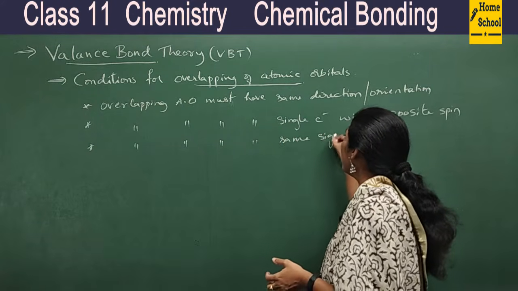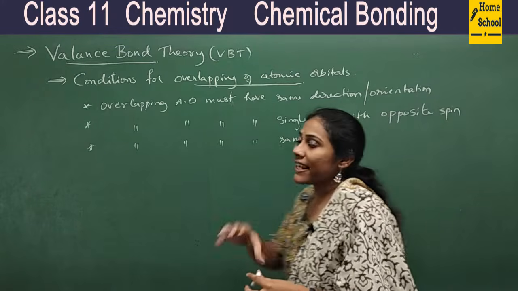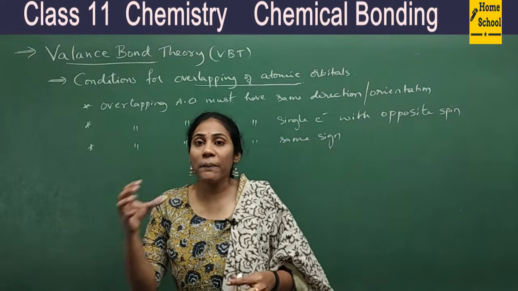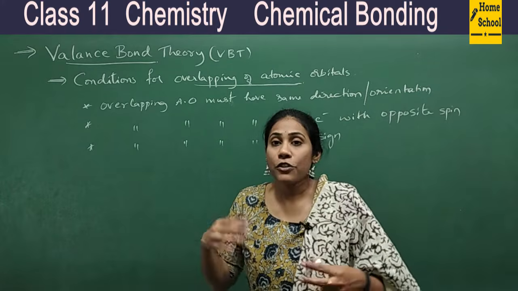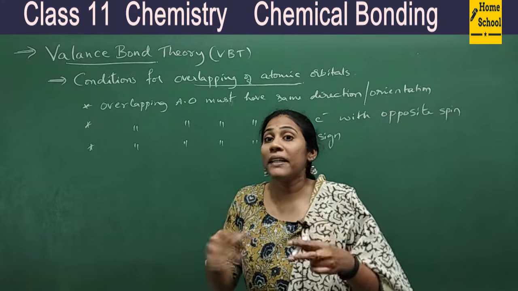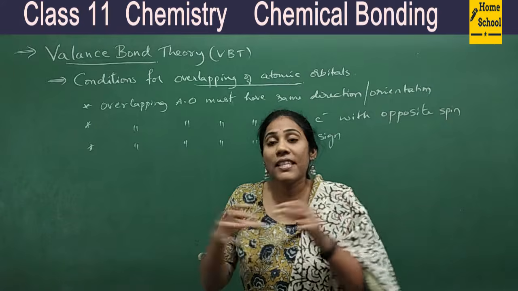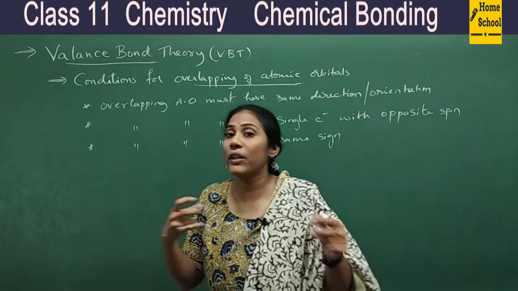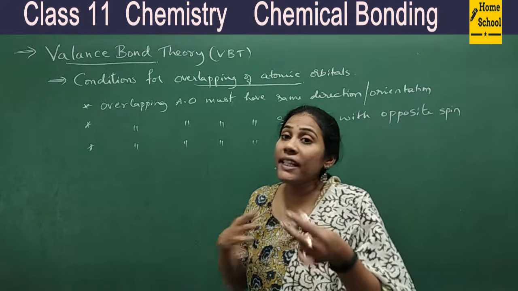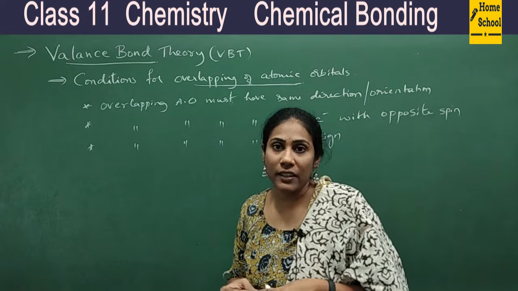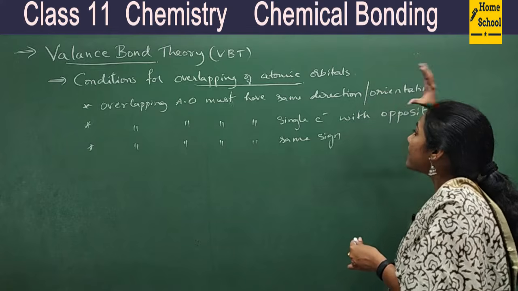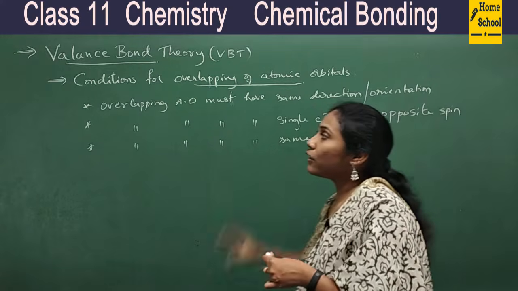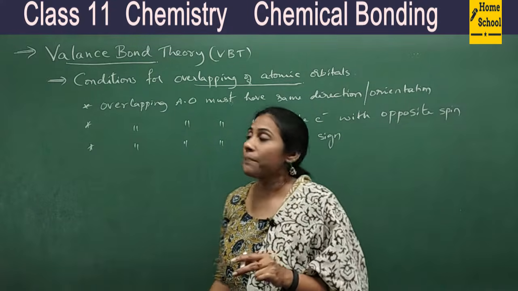Sign in the sense you should observe the same phase. We must have learned in atomic structure, right? In phase and out of phase. So here overlapping orbitals will have some sign. The sign must be the same between the orbitals. Only then can they overlap with each other. So these are the three most important conditions for overlapping of orbitals.